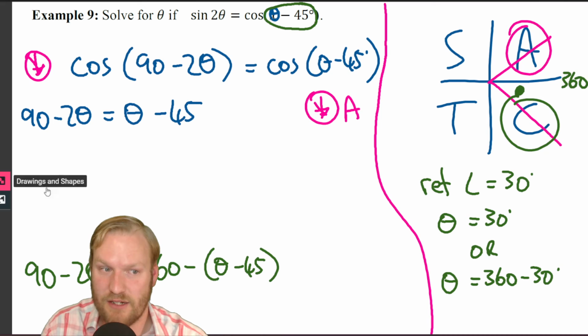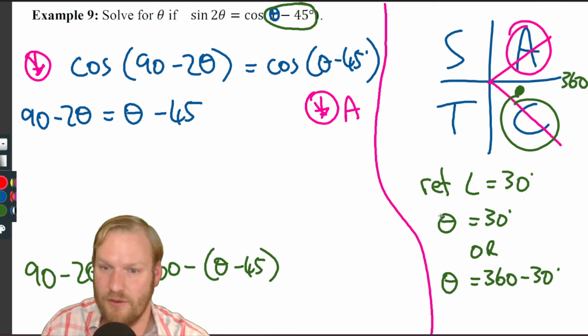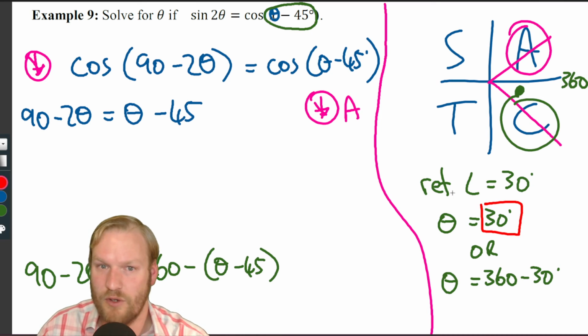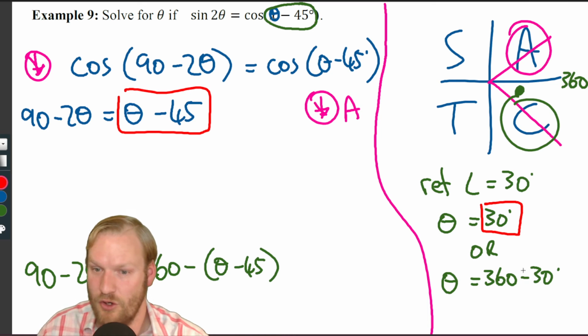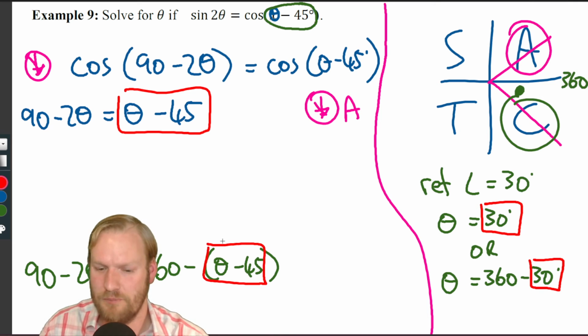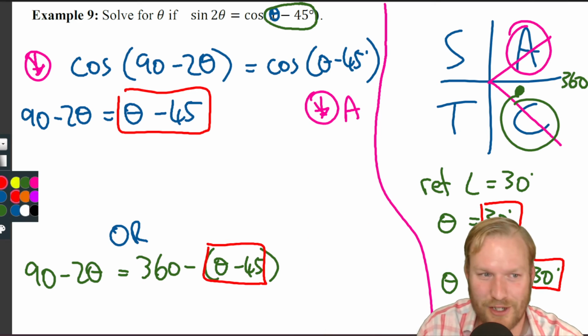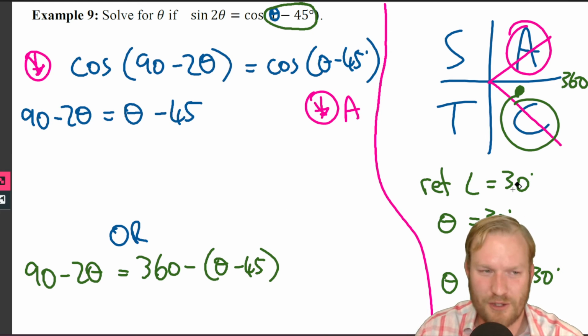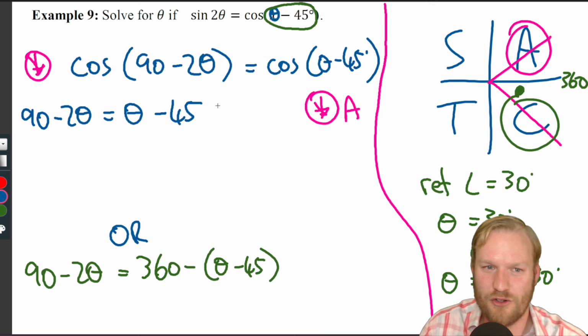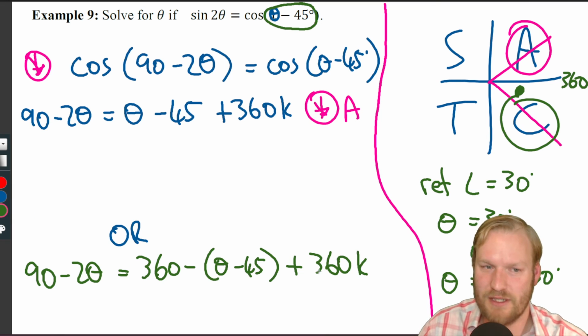It's just that instead of 30 degrees over here, we've got theta minus 45. So there's the one solution, or it's 360 minus our 30. Okay, interesting ideas, right? So there are two solutions. Now remember that the cos graph repeats itself every 360 degrees, so plus 360k.